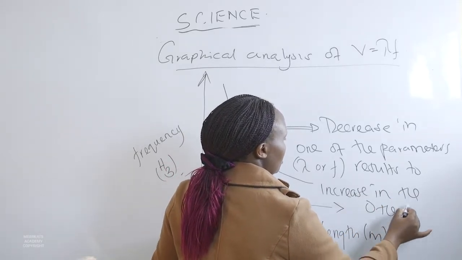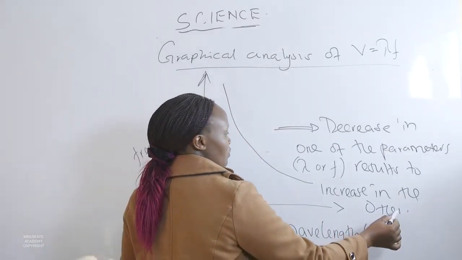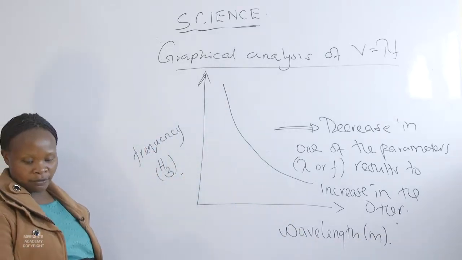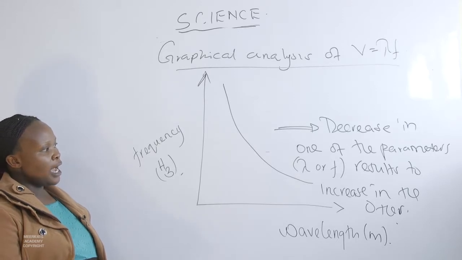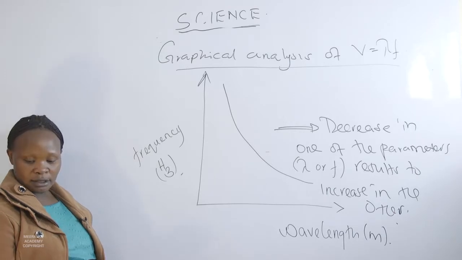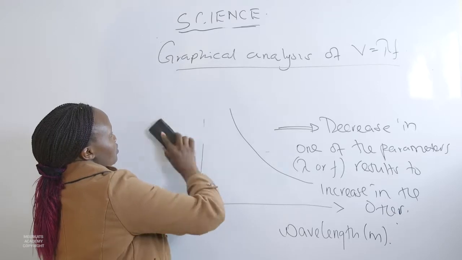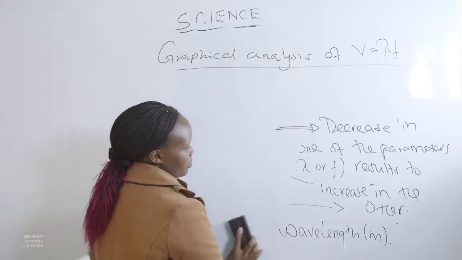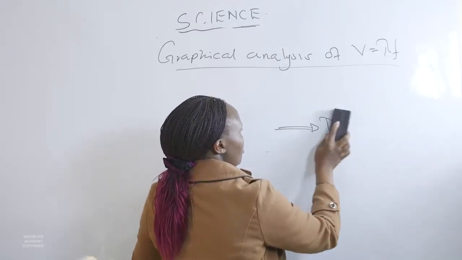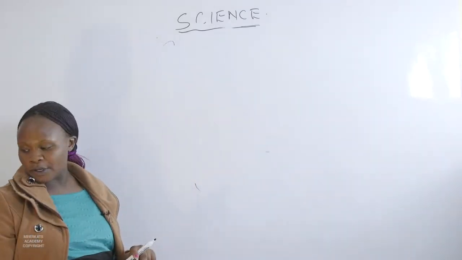Decrease in one of the parameters will increase the other, and therefore we shall have a graph which is a curve that does not have intercepts.